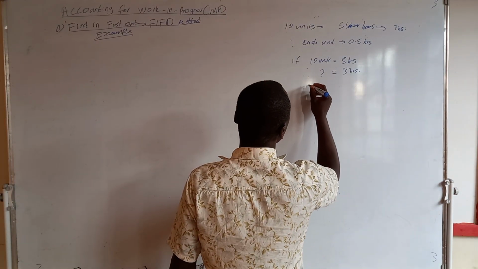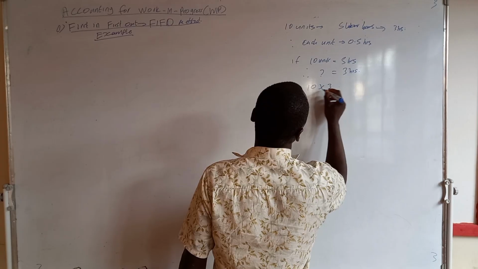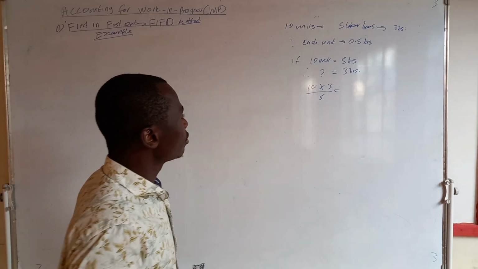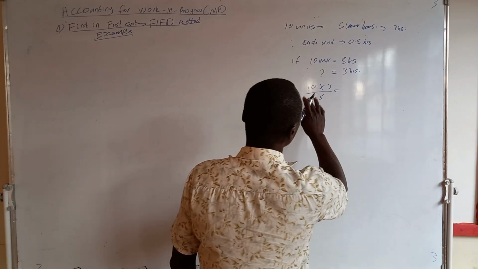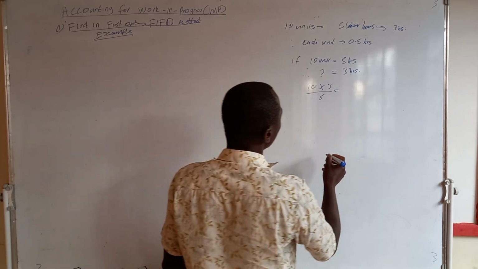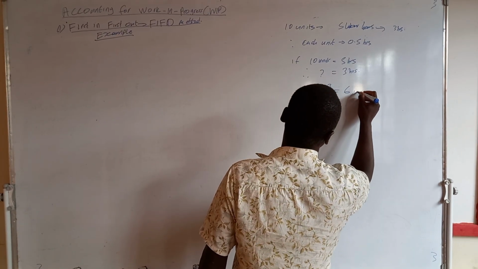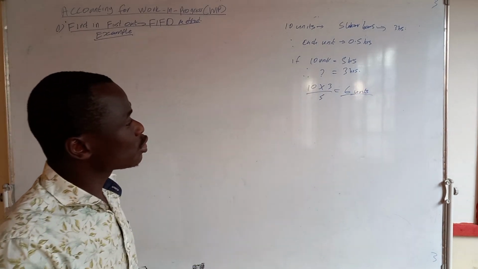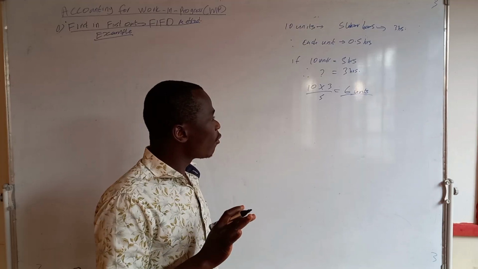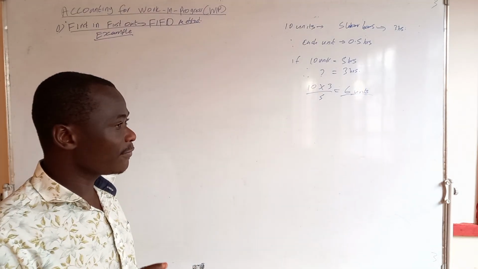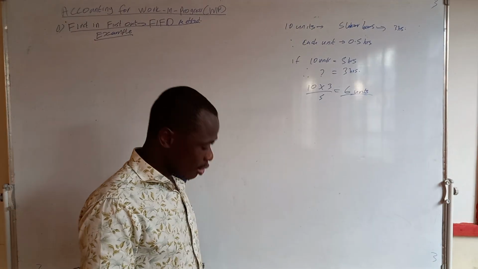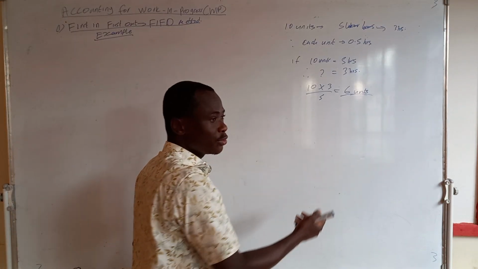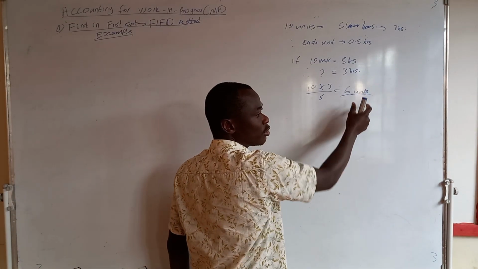Therefore, you take 10 times 3 divided by 5. What do you get? That is 2 times 3, that's 6 units. Which means this 3 hours was enough for the completion of 6 units. So this is what we are trying to find out, the equivalent units. This is what we call equivalent units.